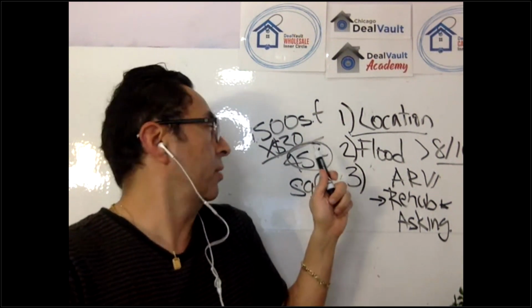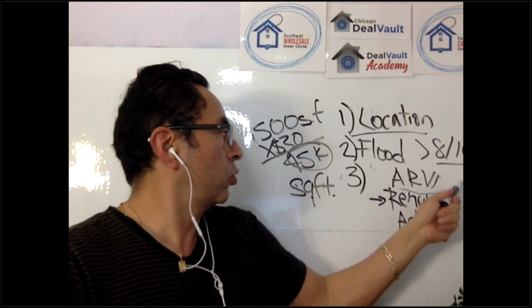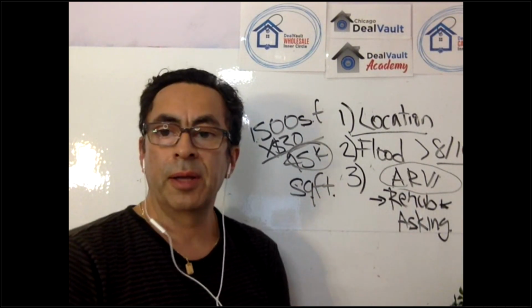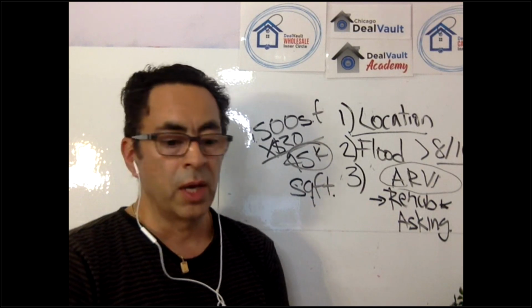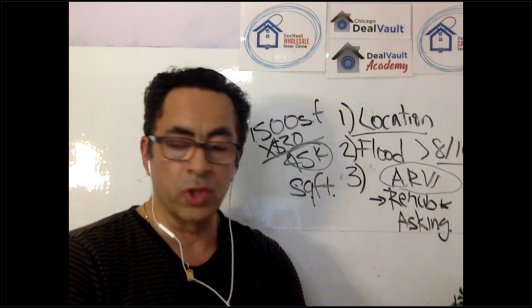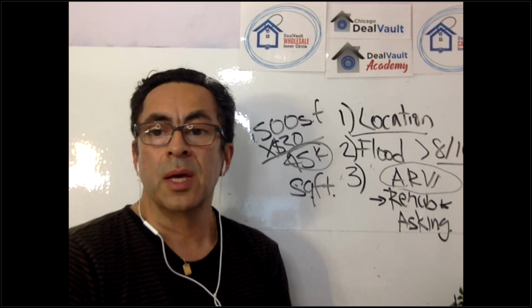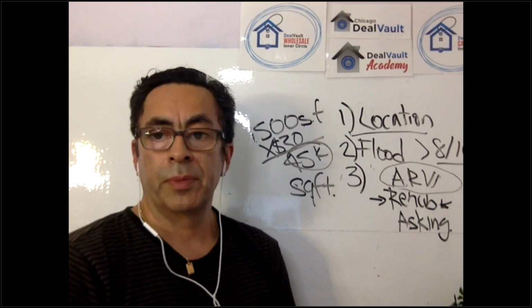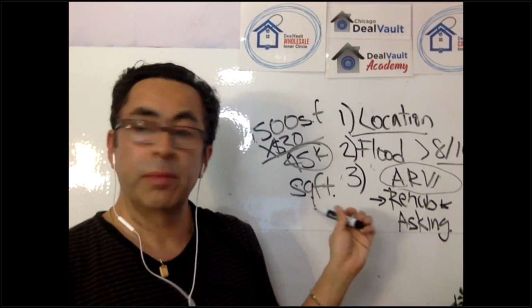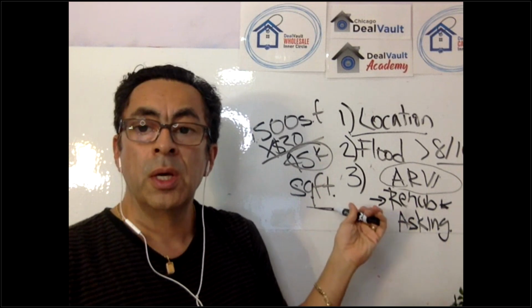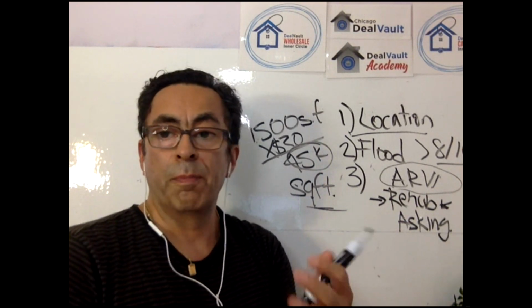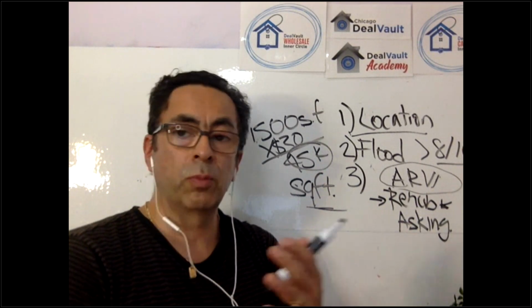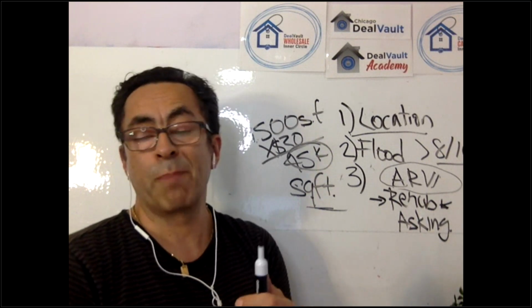Once you understand the rehab, what's going to be my ARV, the after repair value? How do you come up with that? You need to look at properties that are comparable. Number one, the square footage, and a similar number of bedrooms and baths, so 3 bedroom, 2 bath, or 3 bedroom, 1.5 bath.